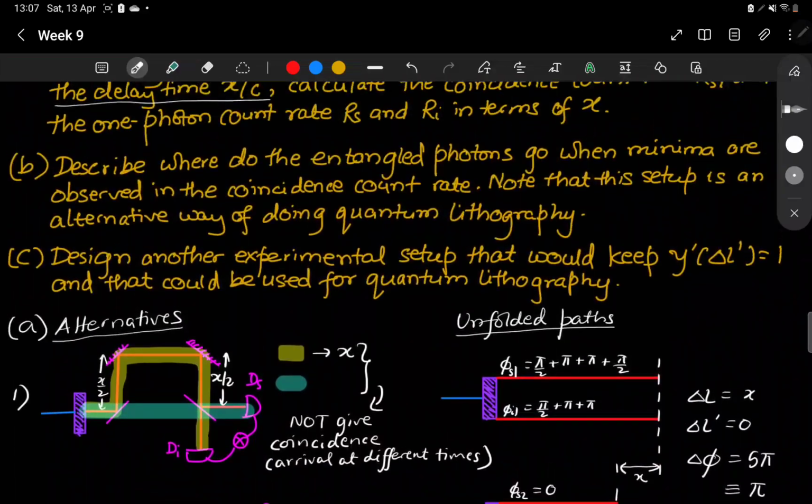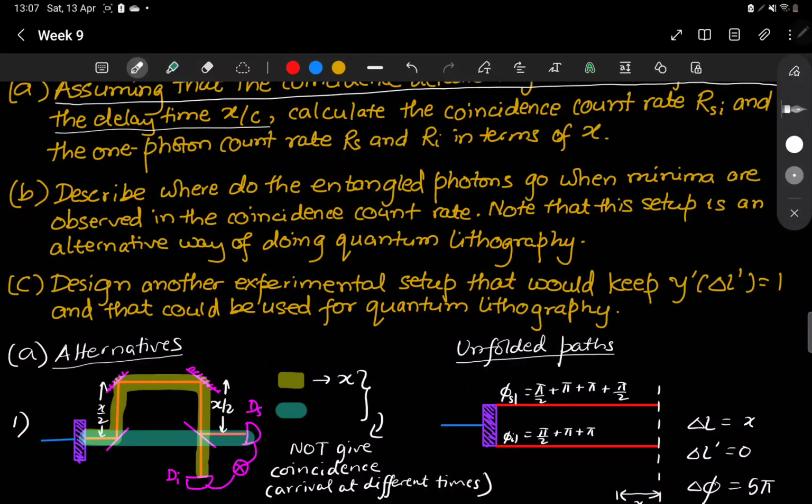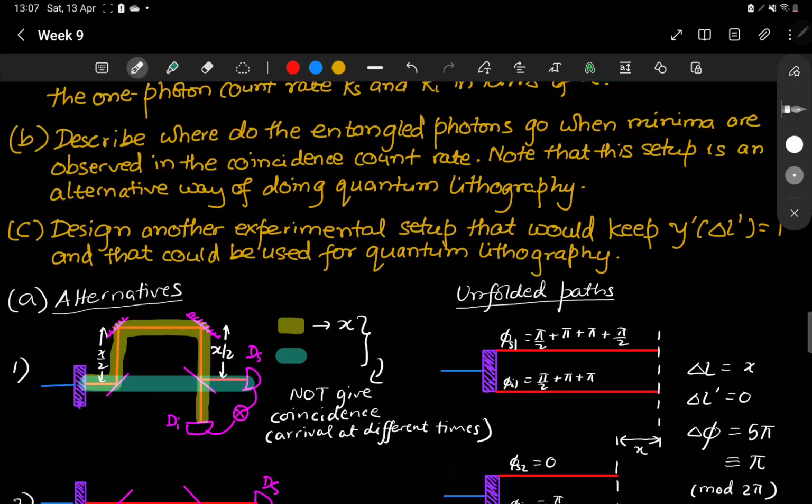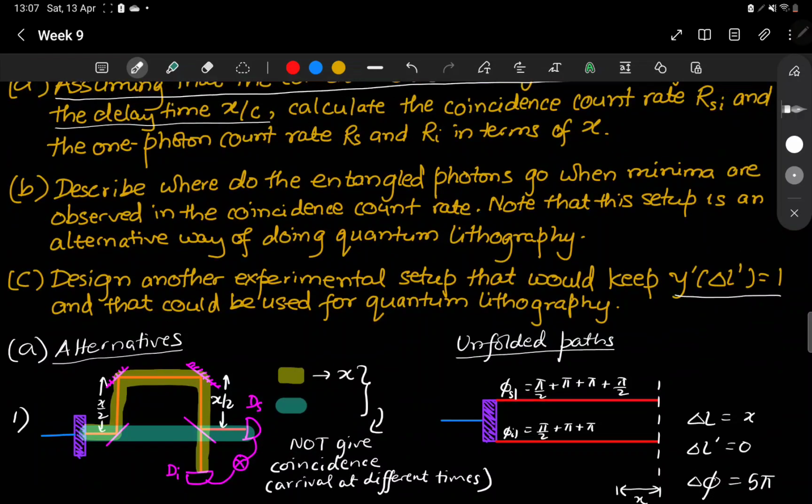Next part, design another experimental setup that would keep gamma prime delta L prime equals 1, and that could be used for quantum lithography. So gamma prime delta L prime equals 1. This means that delta L prime is equal to 0.